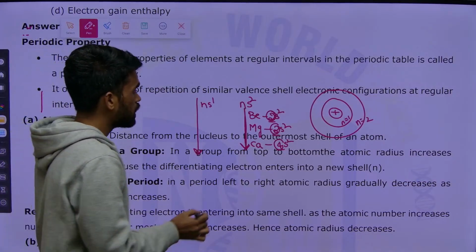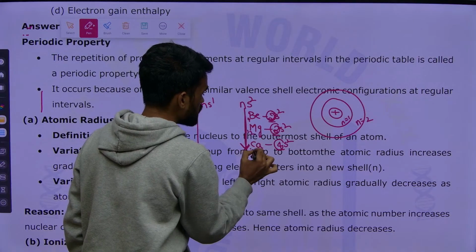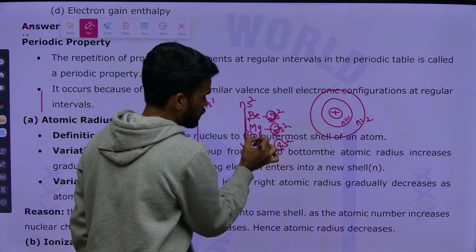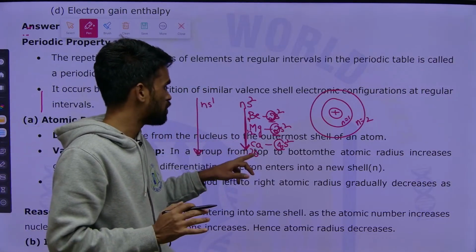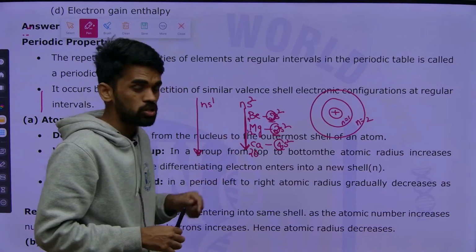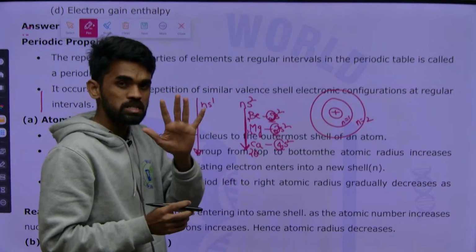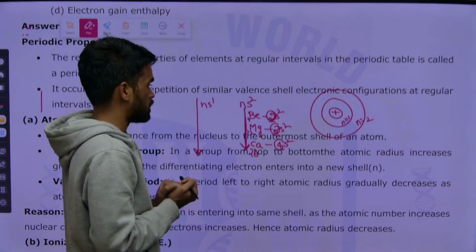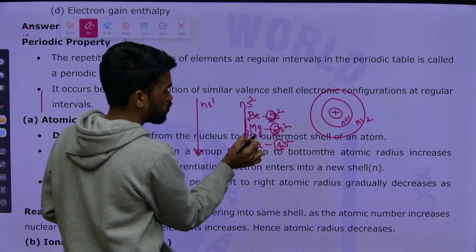It means here the atomic number is 4, here it is 12, here it is 20. So down the group the atomic number increases in a non-uniform way, I mean 4, 12, 20, like that we have. So the number of protons is increasing, and the number of electrons also increases. When I say atomic number is 4, there will be 4 electrons and 4 protons in the nucleus. Here it will be 12 and here 20.